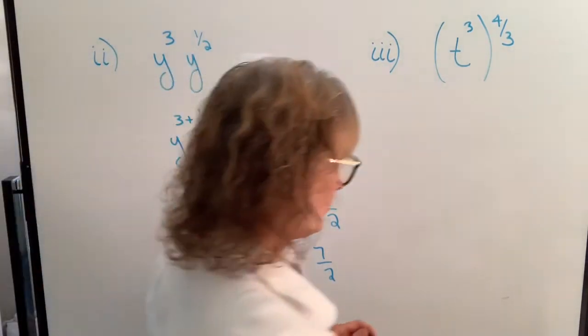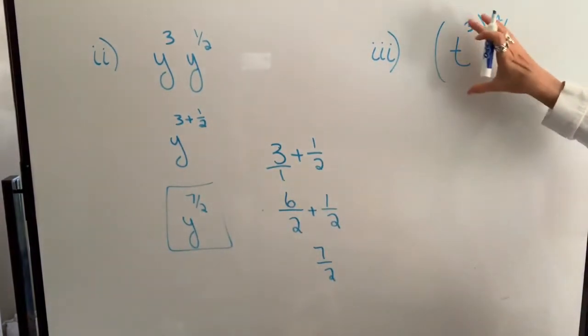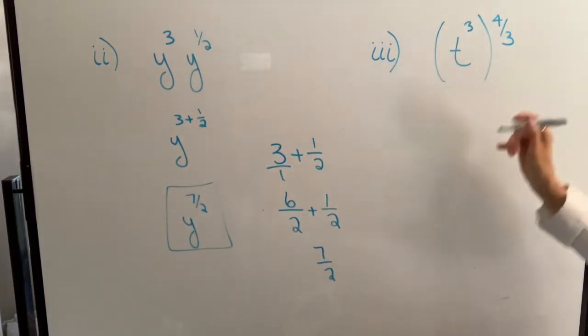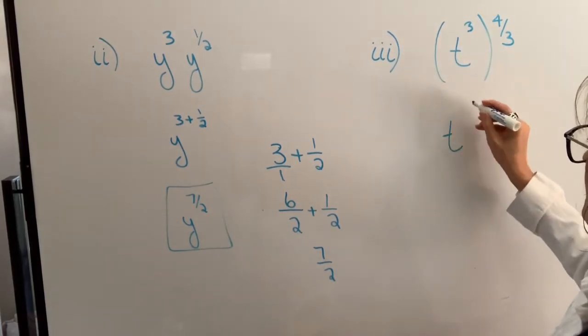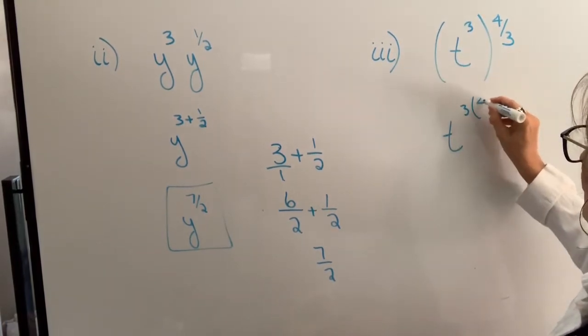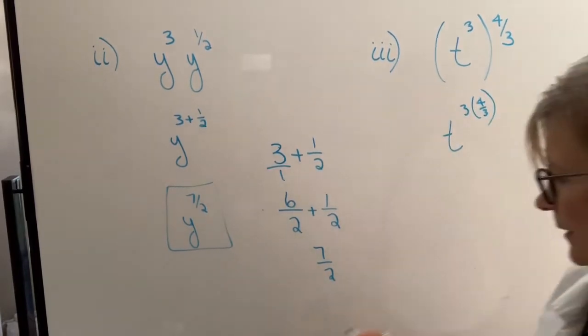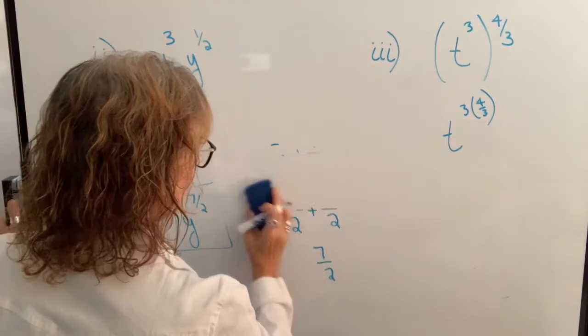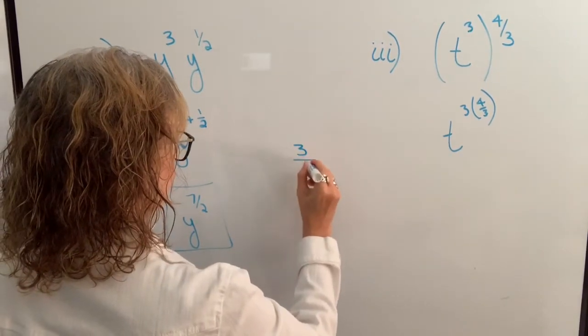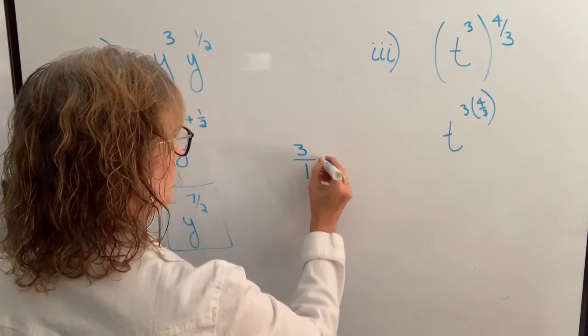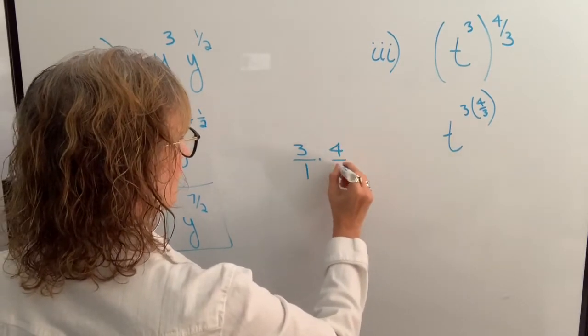Okay, my next example, I'm allowed to take a power and raise it to another exponent. And the way I do that is I multiply my exponents. So I'm going to have t to the 3 times 4/3. Multiplying fractions, quick review. If I have a whole number, it's over 1 times another fraction.